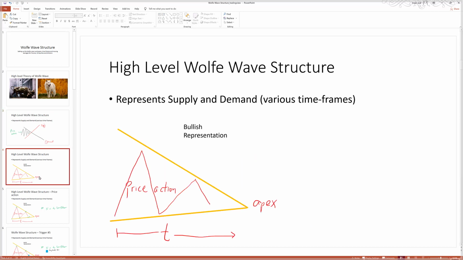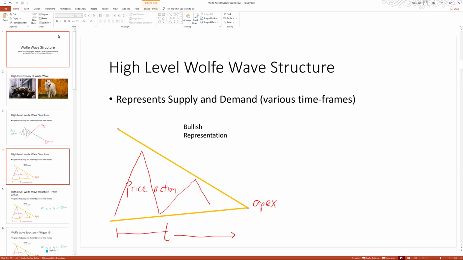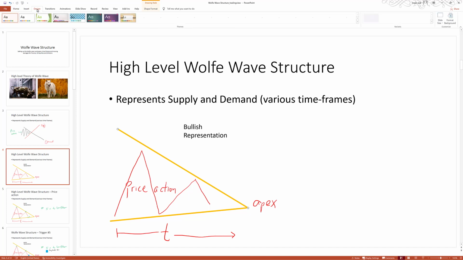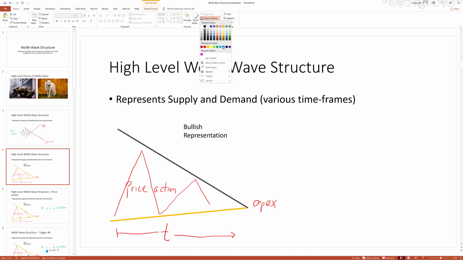So moving on here, the first Wolfe wave is the bullish Wolfe wave, and in Thinkorswim we have it set to yellow, and in this case in TradingView it's actually green. So I'll just change the shape of this to green, right?